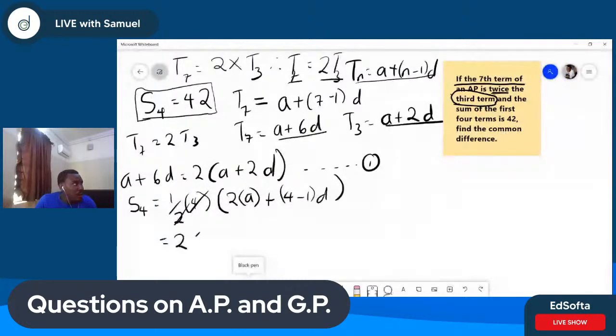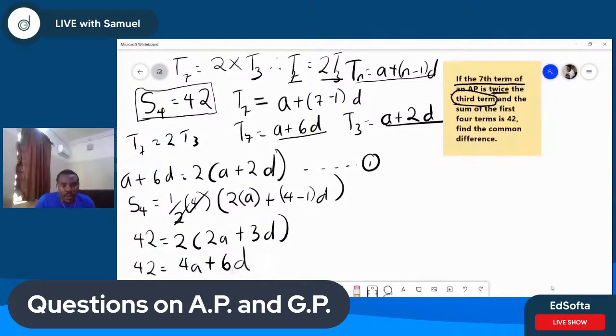We have 2 into bracket 2A plus 3D. Like we said, we know S4 is 42, abi? So 42 is equals to 4A. I'm multiplying through 2 times 2A, 4A plus 2 times 3D, which is 6D. So this is our equation.